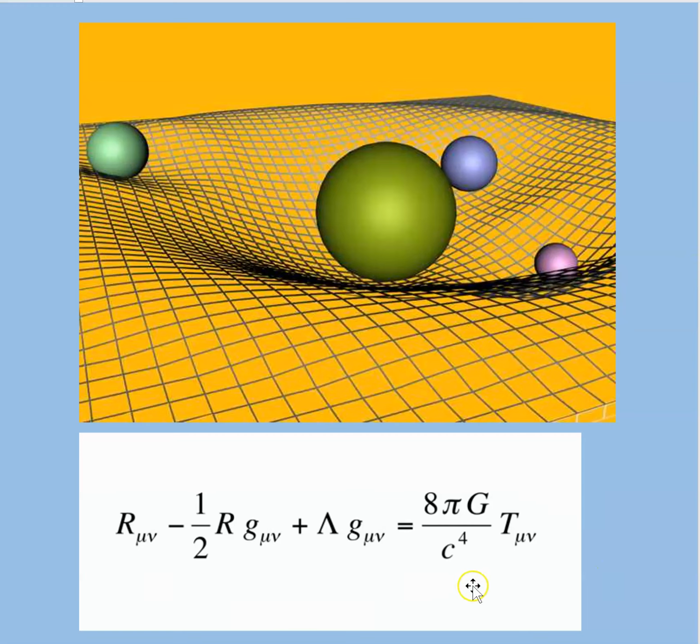These are Einstein's field equations. The right hand side gives the mass of these planets or whatever is in the region. The left hand side gives the curvature. Except for this term, called the cosmological constant, which would be valid for large scale distances, the size of the universe.